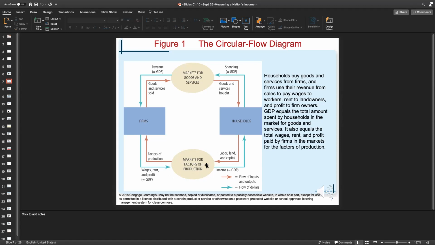So basically, the households supply their labor, and the firms demand their labor.